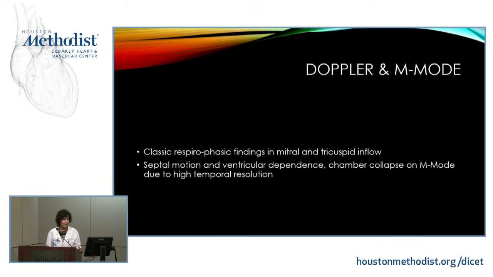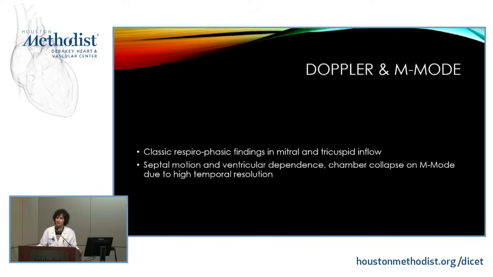on the M mode. I'm going to spend 2 minutes talking here about the physiology of the decoupling of the intrathoracic pressures from the intrapericardial pressures that occurs both in the cardiac tamponade physiology as well as in the constrictive pericarditis physiology, and as well as the ventricular interdependence. So normally what happens?